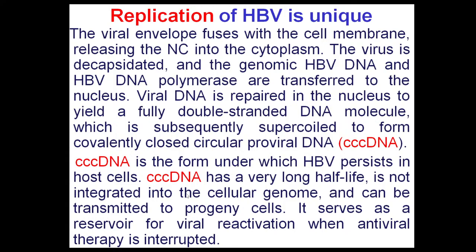So in this form, it may persist for a very long while. Because it is not integrated into the cellular genome, it can be transmitted to progeny cells. It serves as a reservoir for viral replication when antiviral therapy is interrupted.